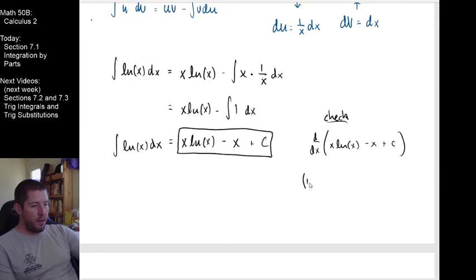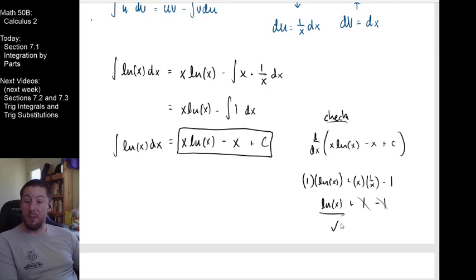Our first terms here, derivative of x, leave natural log of x alone, plus leave x alone, take the derivative of natural log of x, minus the derivative of x is 1, c goes to 0. Well, this right here is just natural log of x plus 1 minus 1, and those cancel, leaving us with natural log of x. So I feel really good about the answer that we just came up with right here.